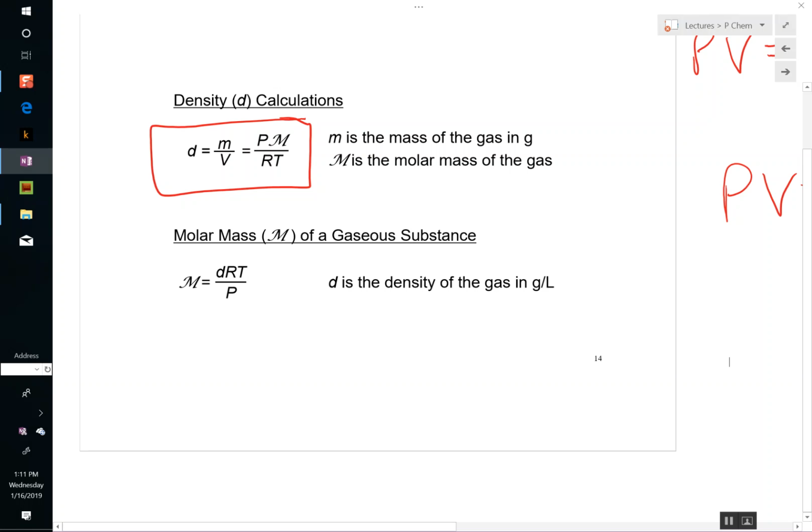This M comes up into the numerator, right? When you divide by one over something, you would multiply it up to the numerator.